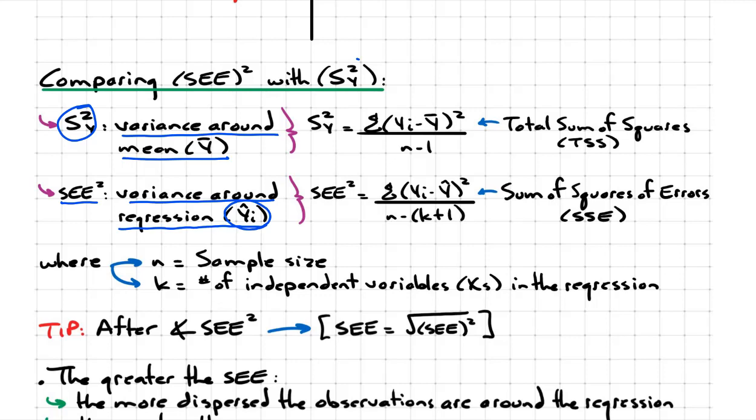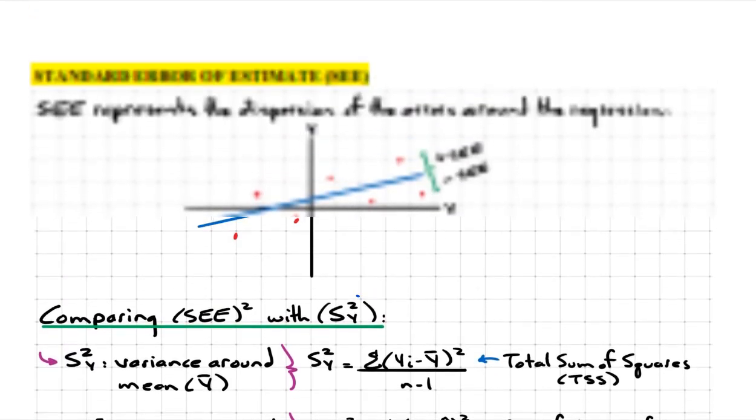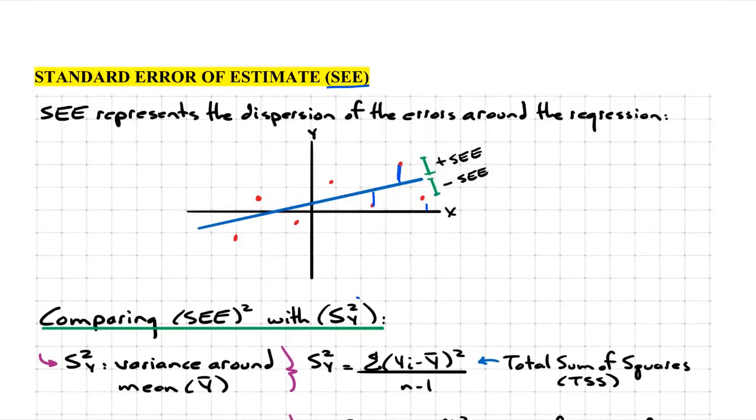That's the big difference. So standard error is measuring how dispersed these individual observations are around the regression line. Now the regression estimate is y hat. Whenever you see that hat, it means that's our estimate for what the value for y is.